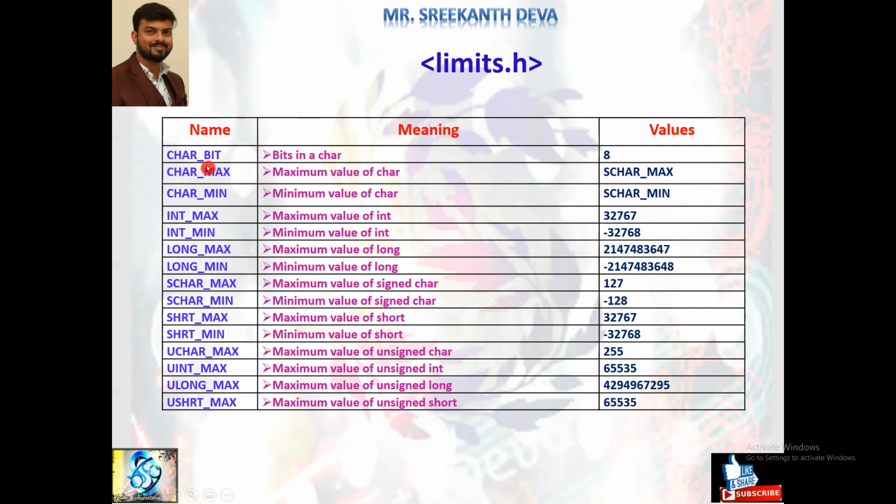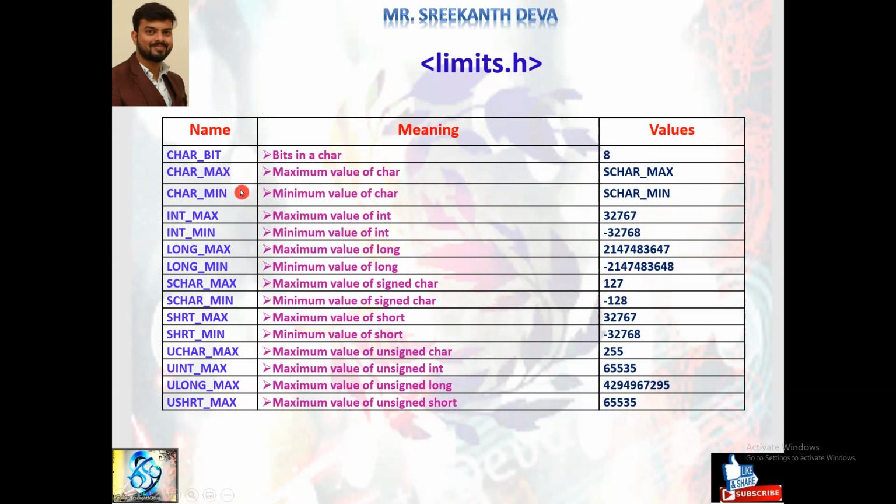CHAR_BIT is a constant available in limits.h header file. It's the bits in a char. It occupies what? 8 bits. Char represents 8 bits. CHAR_MAX, maximum value of a character, like SCHAR_MAX, 127. See, CHAR_MAX or SCHAR_MAX consists of the maximum range, plus 127.